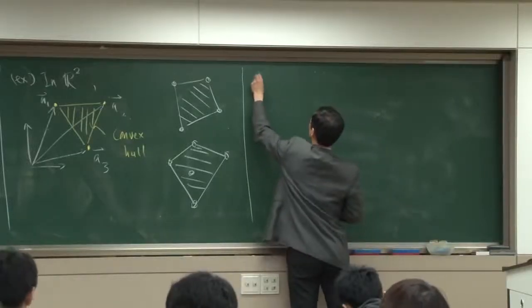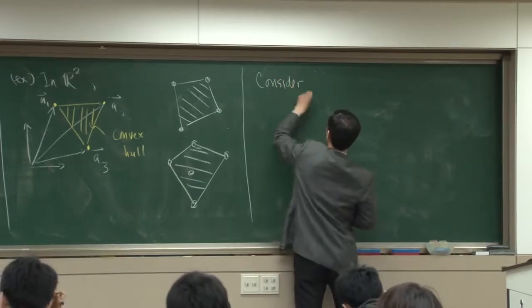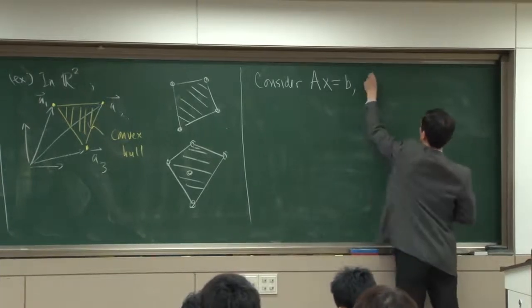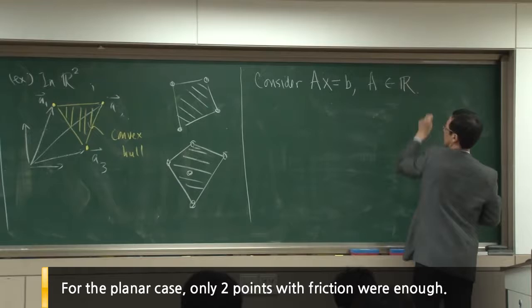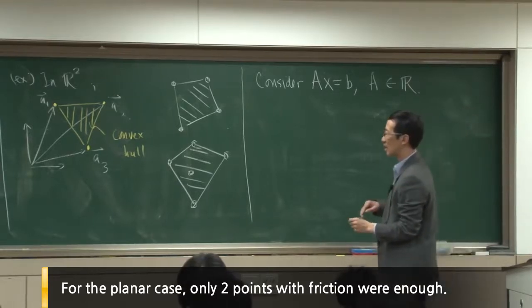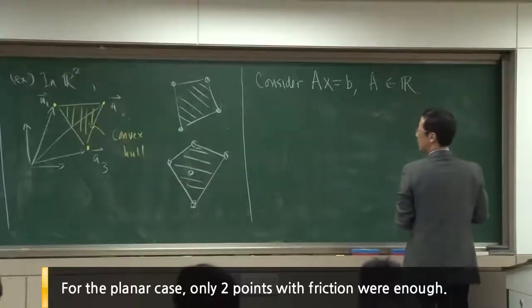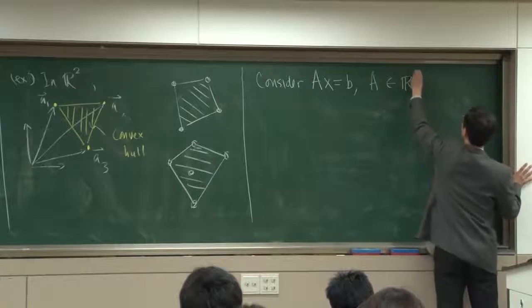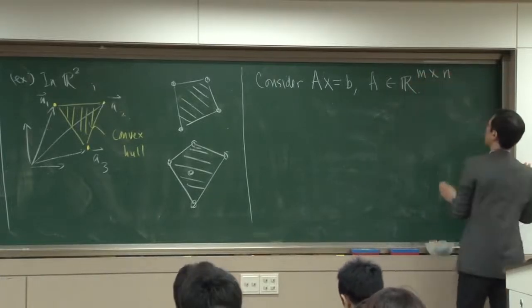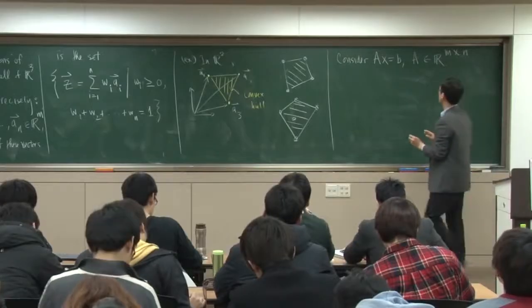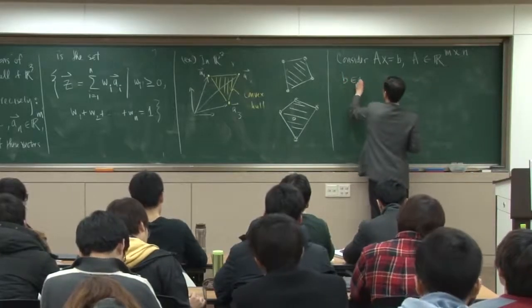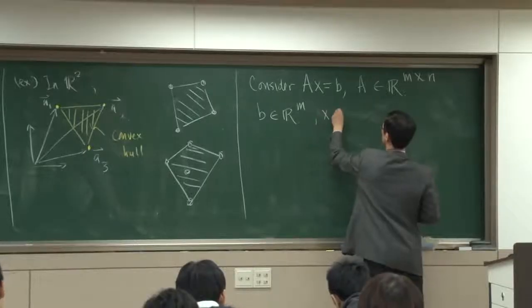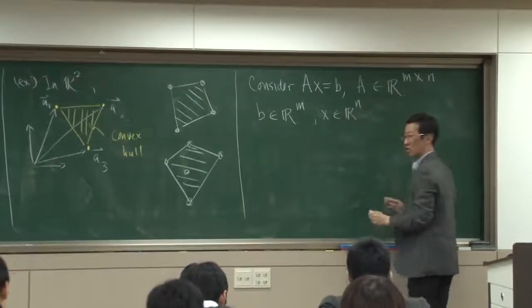Let's consider the equation AX equals B, where A is a matrix of size m by n, B is m-dimensional, and X is n-dimensional.